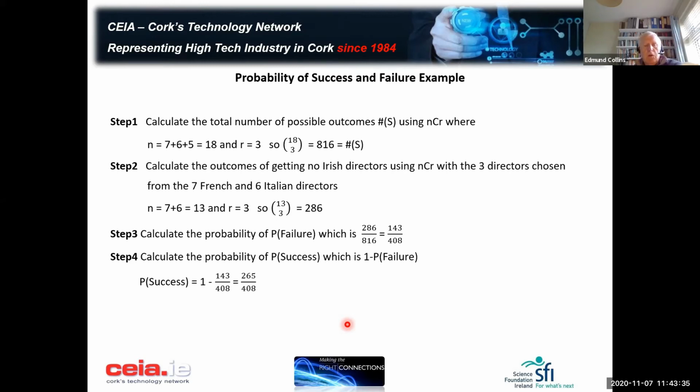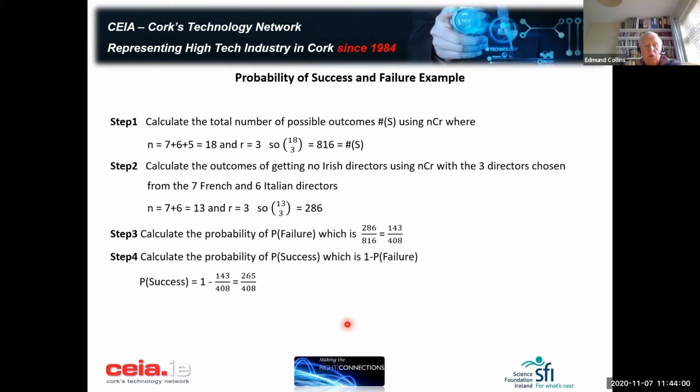So that's the failure. The last step is to calculate the probability of success, and we know from the definition in the previous slide that the probability of success is 1 minus the probability of failure. So we just calculated 1 minus 143 over 408, which equals 265 over 408.